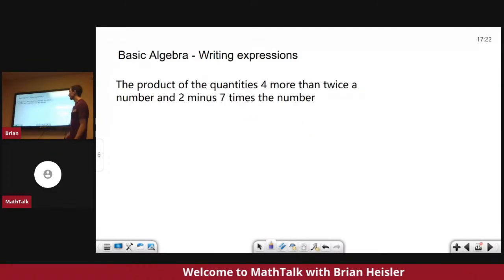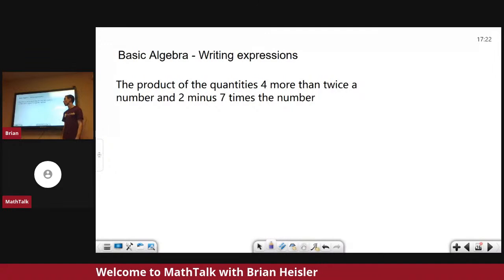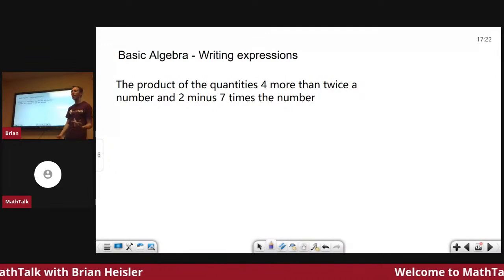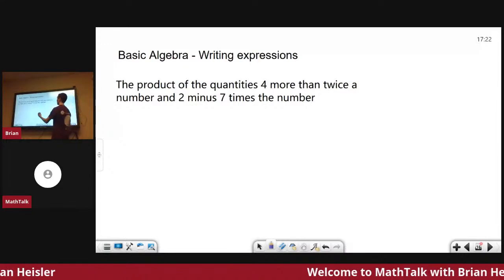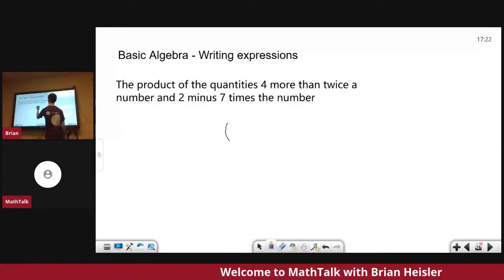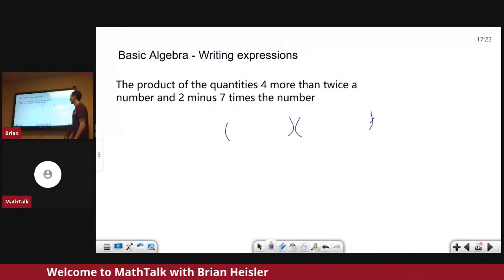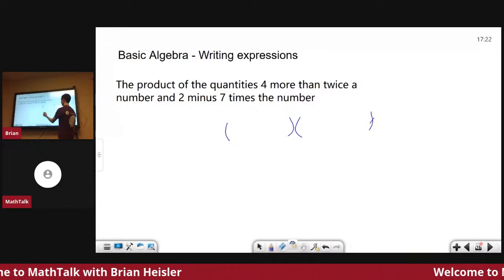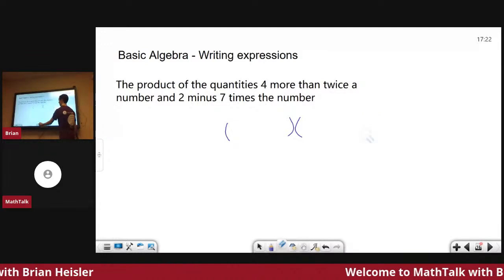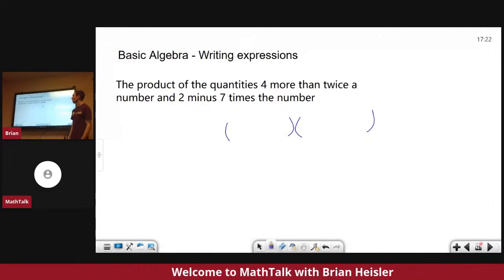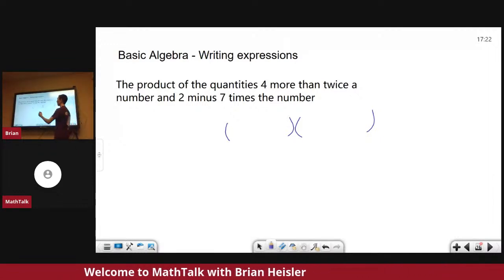One more example of this is a similar problem, but we're looking at the product this time. The product is any answer to a multiplication problem. And since we're looking at the product of quantities, I'm going to write them like this, where I'm going to fill in these parentheses. So 4 more than twice a number.